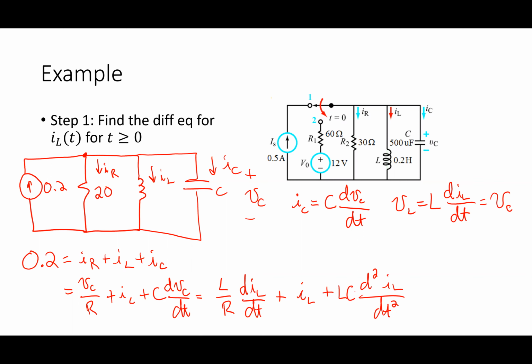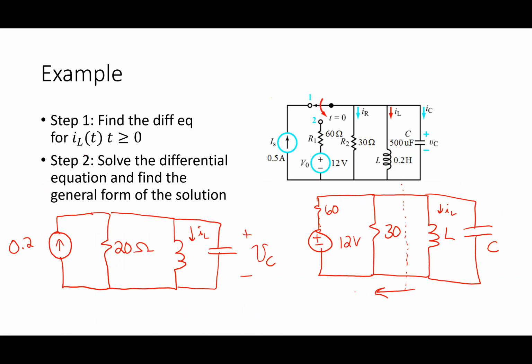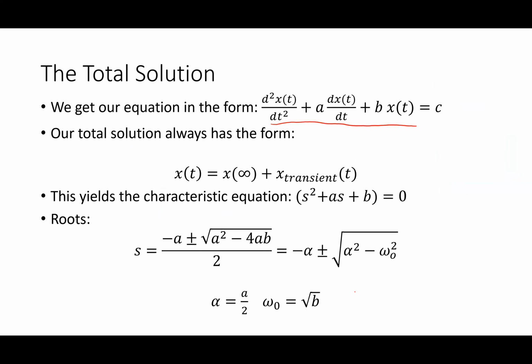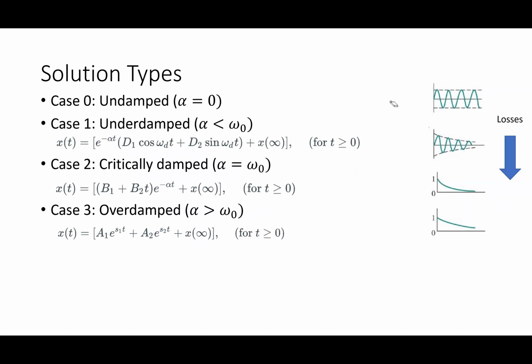So basically, I'm really close to the form of my differential equation that I wanted, right? The only difference between this differential equation and my standard form is what? Divide both sides by LC, all right?